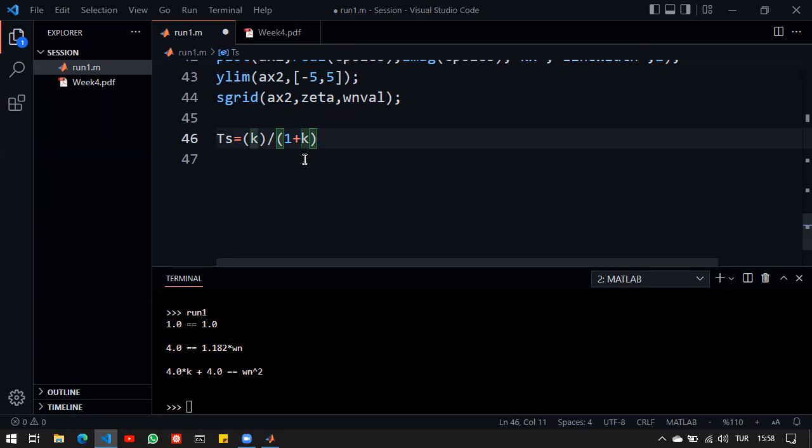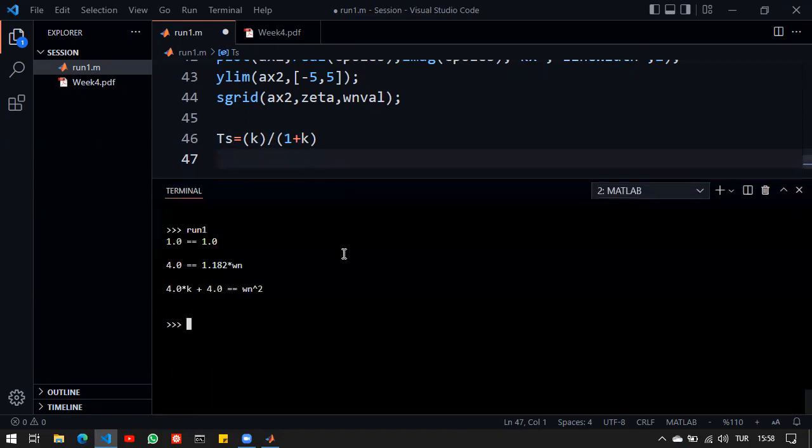Now, if I have a certain k value, then I can immediately see this will not be equal to 1. The only thing that I can do to approach at least 1 is to increase k, because the greater k, the less significant becomes this 1 plus here. So therefore, I'll get closer and closer to 1.